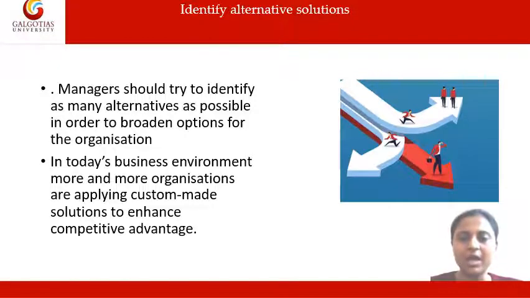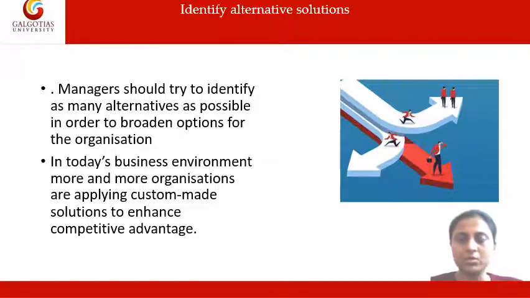So now, after having identified the problem in the first step, the next step is to identify a range of alternatives. While identifying the alternatives, the manager should try to identify as many alternatives as possible so as to broaden the options for the organization.